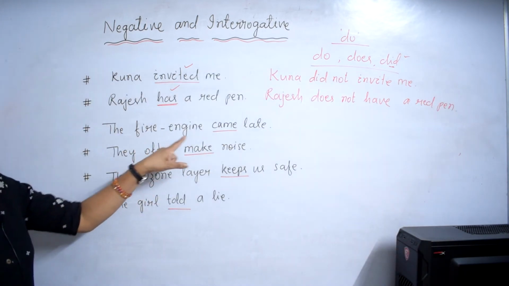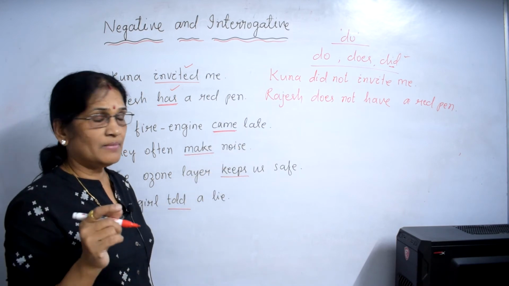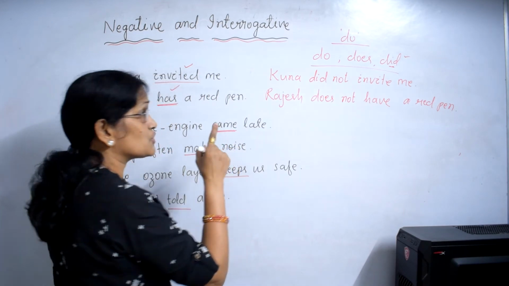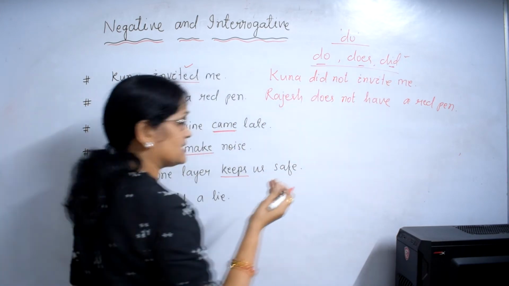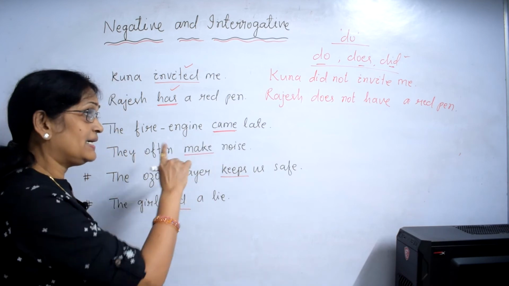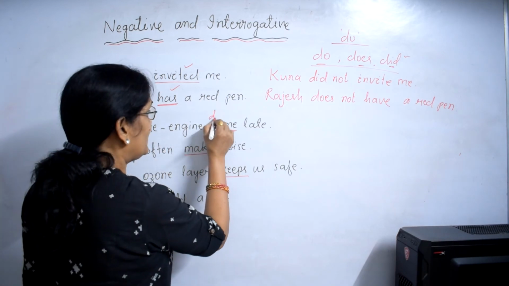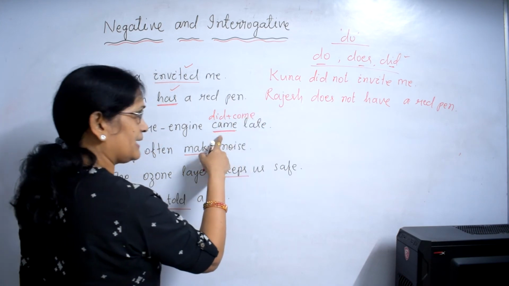The fire engine came late. Came, simple past: come, came, come. This is simple past. So which verb is hiding in it? Do, does, did. It is obvious, did is hiding in it. Did plus come, came.